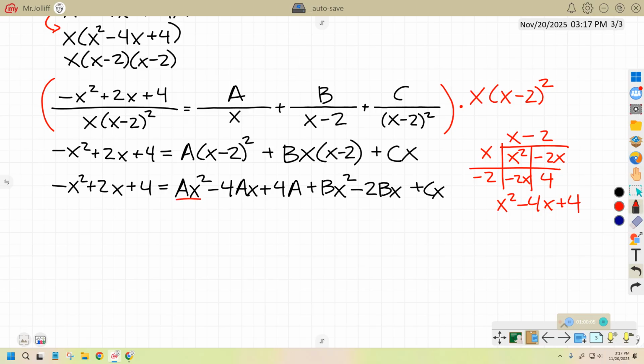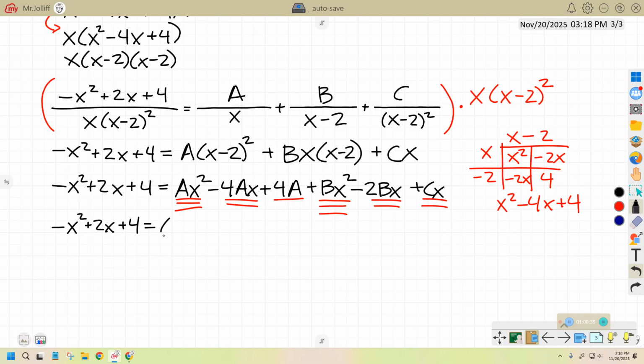I see x squared. I agree. I see two of those. I see an x. I see an x. I see an x. And then I see one sad, lonely constant in the middle. All right, so minus x squared plus 2x plus 4 equals.